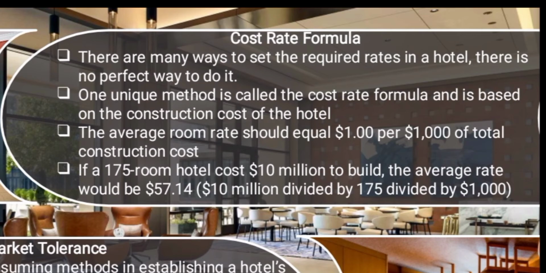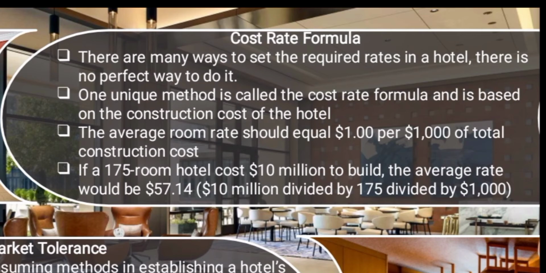The average room rate should equal $1 per $1,000 of total construction cost. For example, if a 175-room hotel costs $10 million to build, the average rate would be $57.14. The formula is $10 million divided by 175.